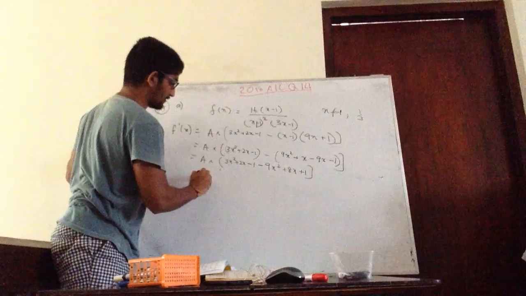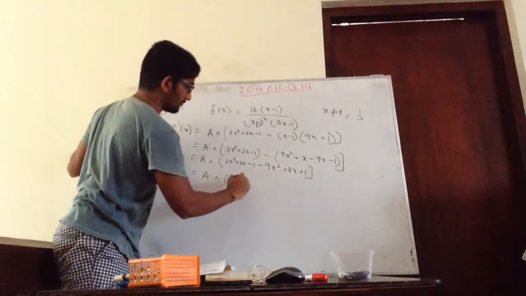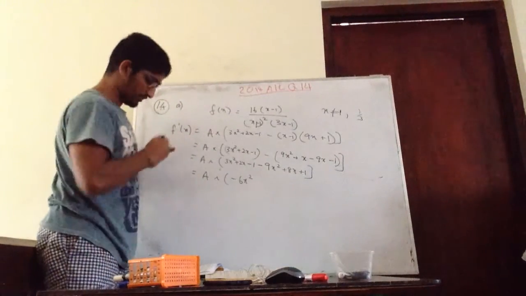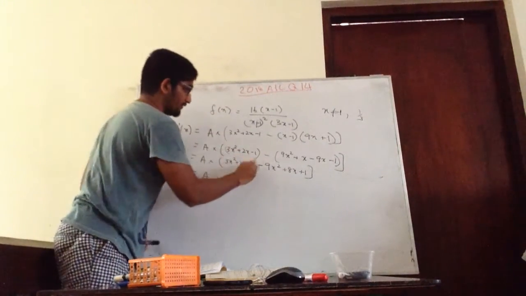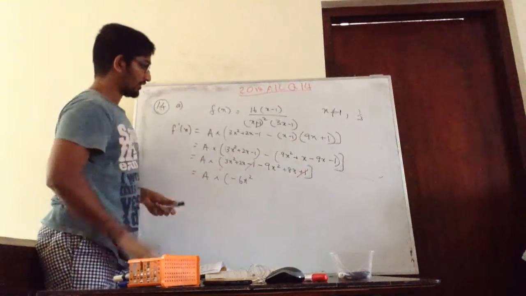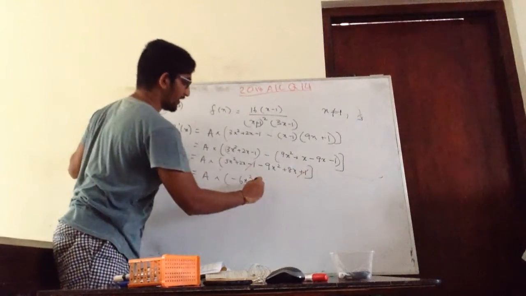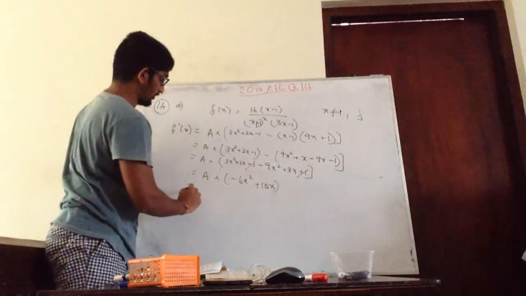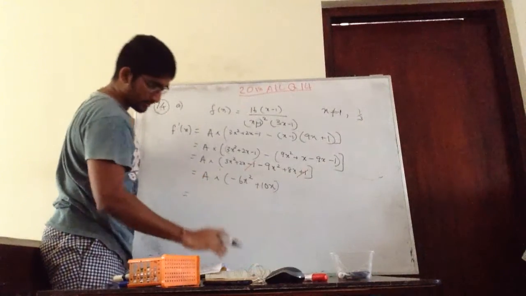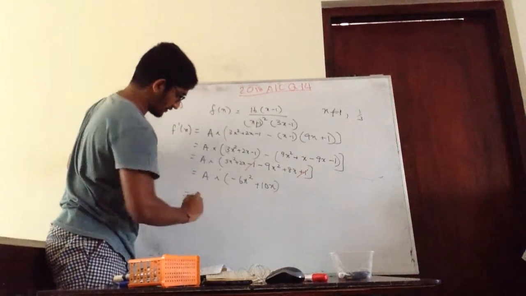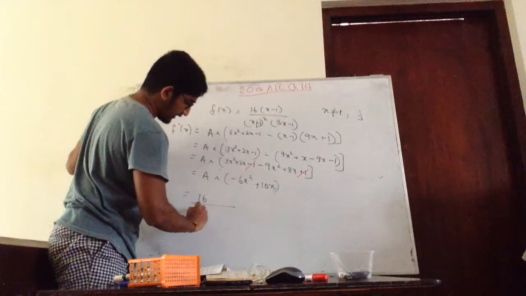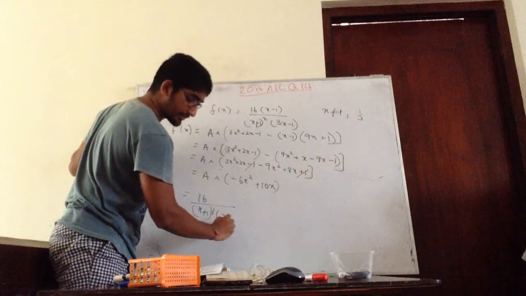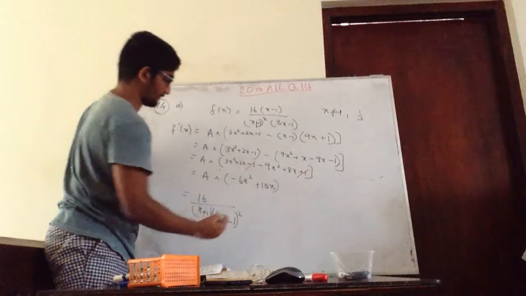Right, so then I will get A times (−6x²), so this will get cut off. Then I will get plus 10x. So what I'm going to do is write A down now. What was A? A was 16(x + 1)³(3x − 1)².